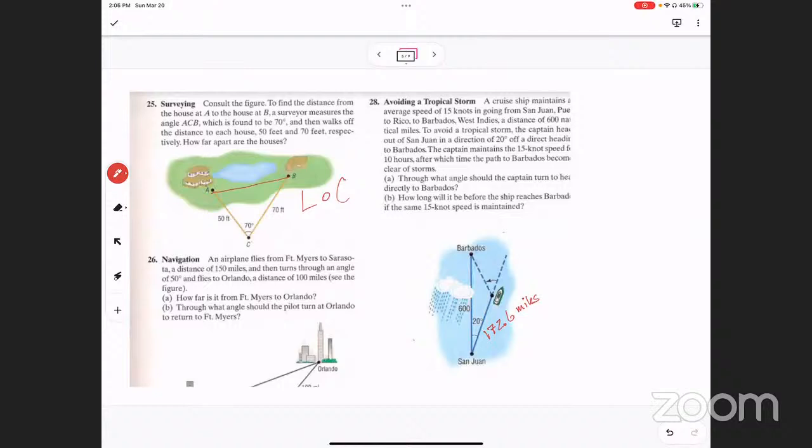So what will we use to solve this? Tell me what to do to set up first. I'll write it. You tell me what to do.